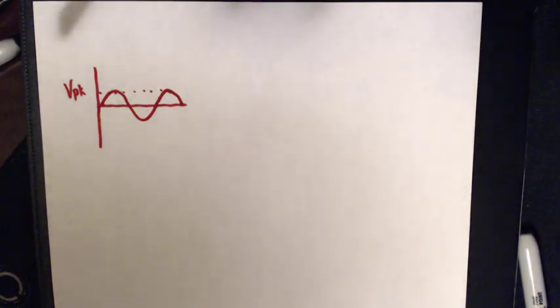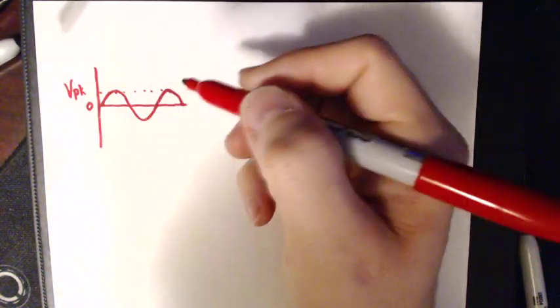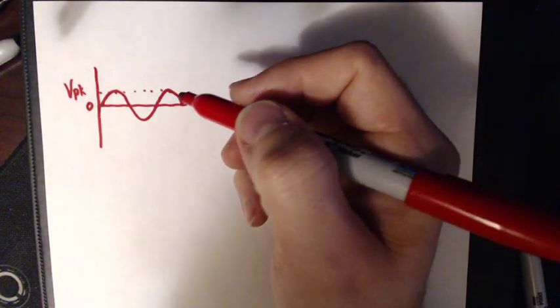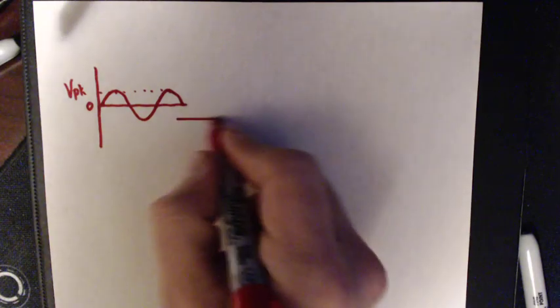Now, remember, if we average this, we're going to get 0. So what can we do in order to get rid of that problem where when we average this, we get 0? Well, what if we square it?